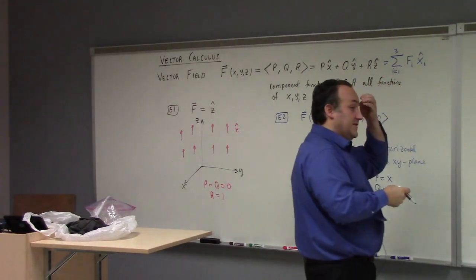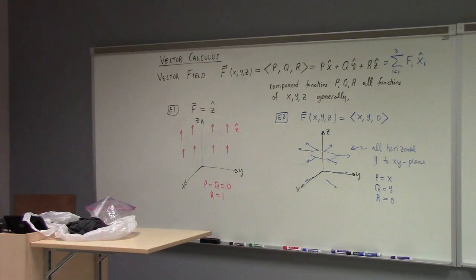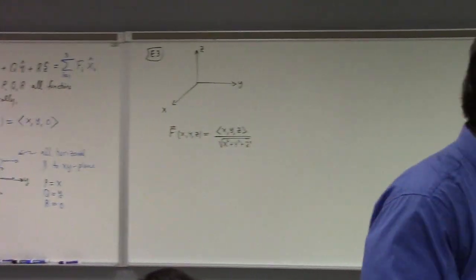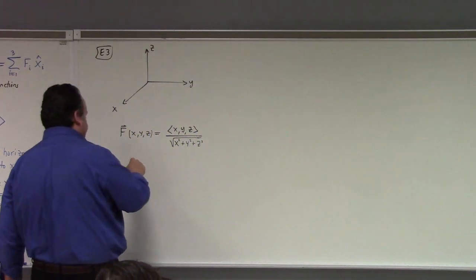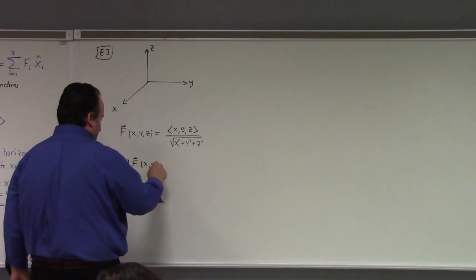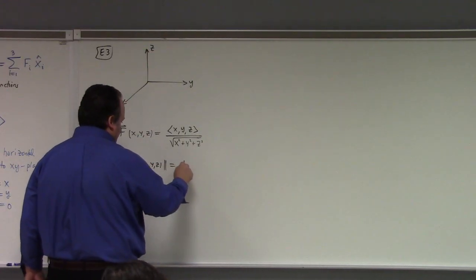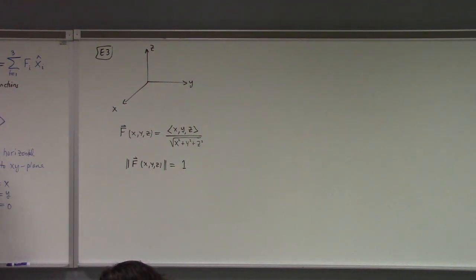So that vector field's a little bit more interesting. What can you tell me about this one? What's the length of this vector field at any point? 1. Right, except at one point. It's not defined where it's 0.